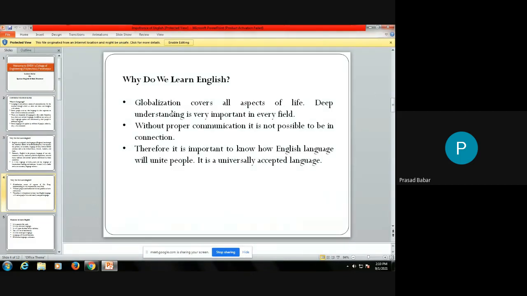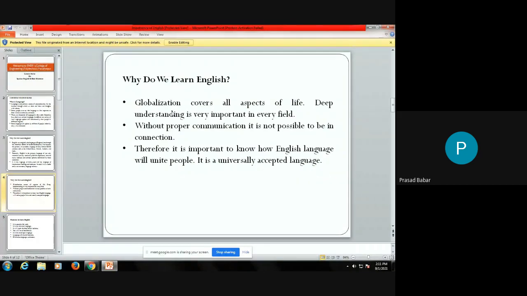So deep understanding is very important in each and every field. Okay, so deep understanding of the language is very important. Without proper communication, it is not possible to be in connection.